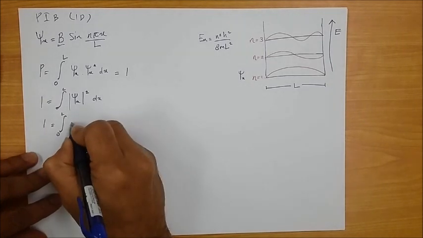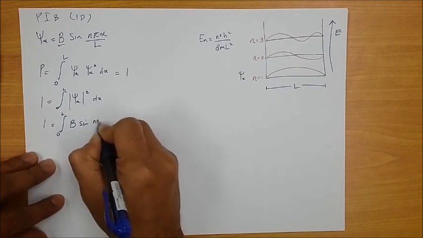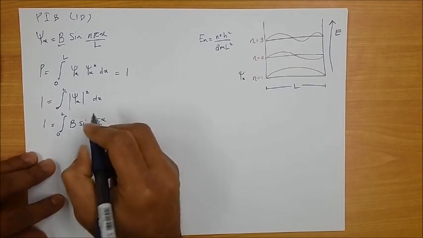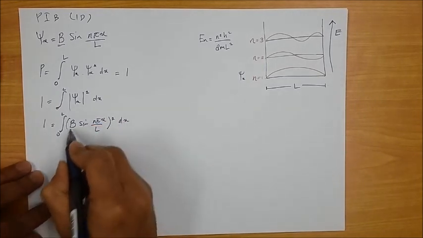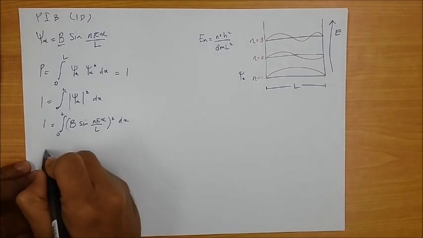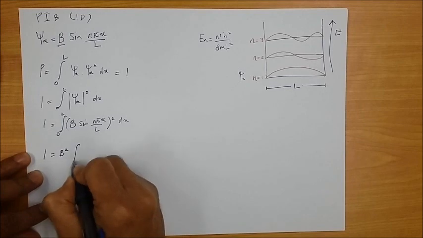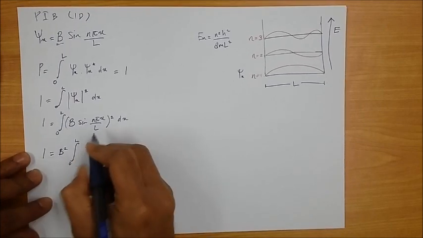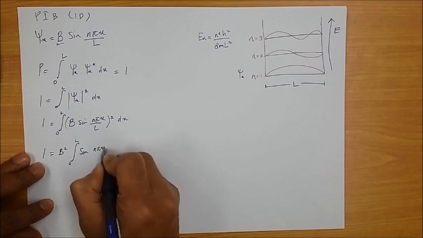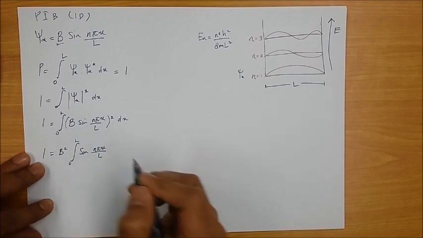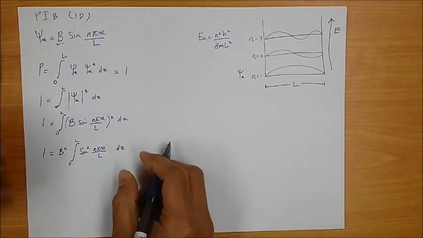so that's 1, the integral from 0 to L of (B sin(n pi x over L)) squared dx. B is a constant, so we can take B out. So this will be the integral from 0 to L of sin squared (n pi x over L) dx.